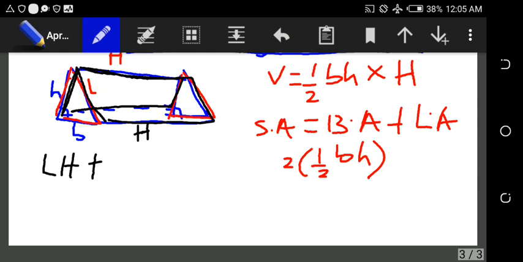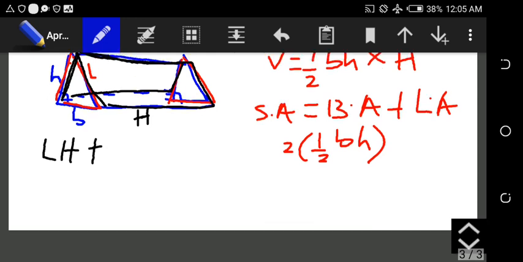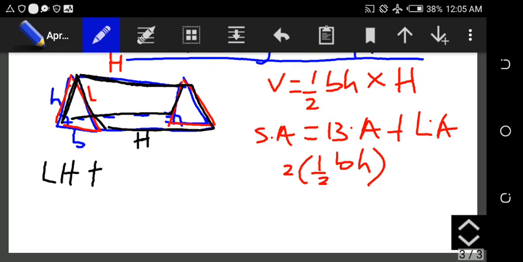Alright, so the area of that side will be the length, which is the capital H, times the breadth, which is a small h. So we're having small h times capital letter H.